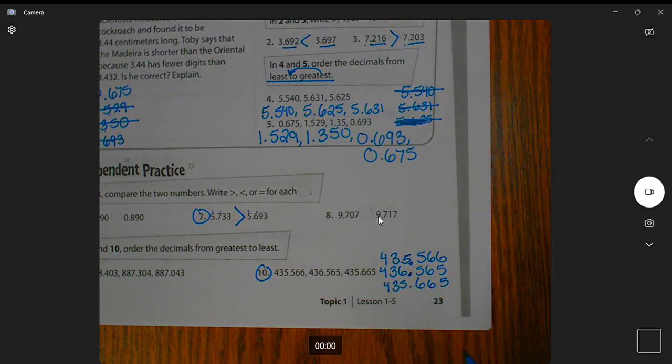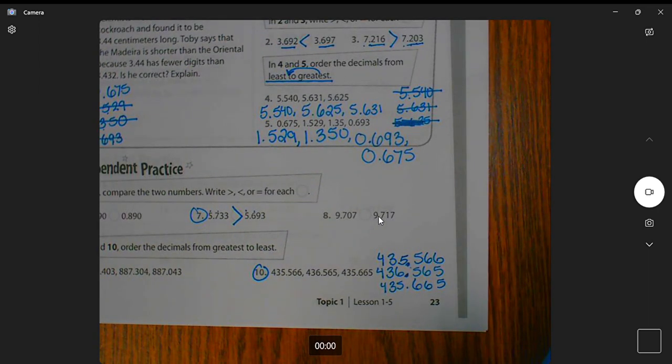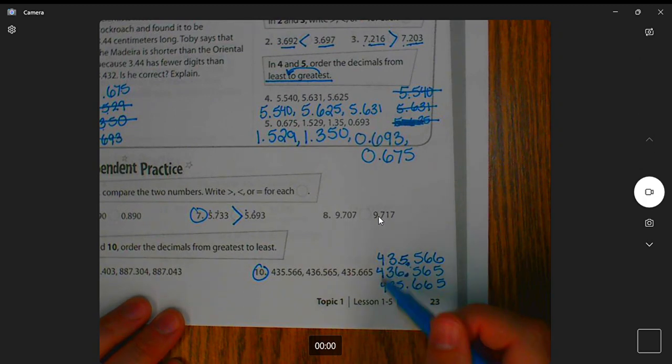Which one is greatest? Which one is the biggest number? Well, I need to look, don't I? So let's look at my places. In the hundreds place, are they all the same? Yes. So move over to the tens. Are they all the same? Yes. Move over to what place?